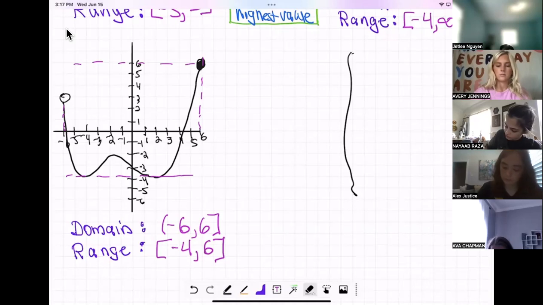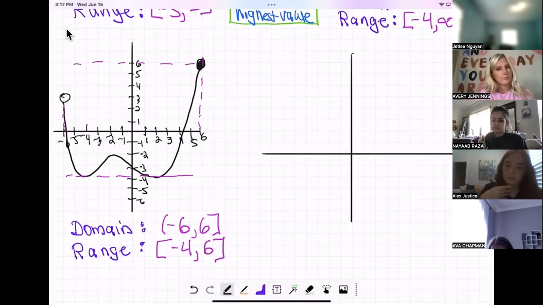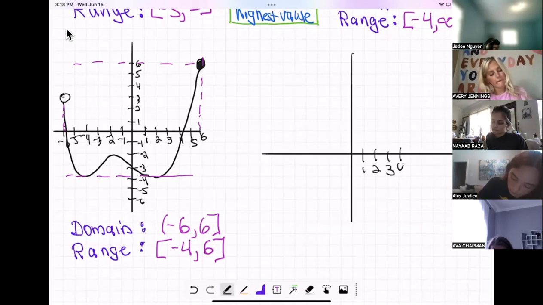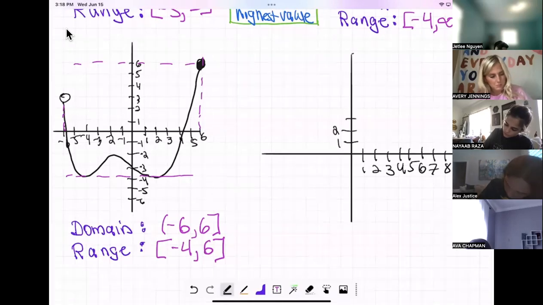Oh, that was awful. Look at that line. I'm only going to do the first quadrant. I don't know why I drew the whole graph, but so you don't have to label the negatives.